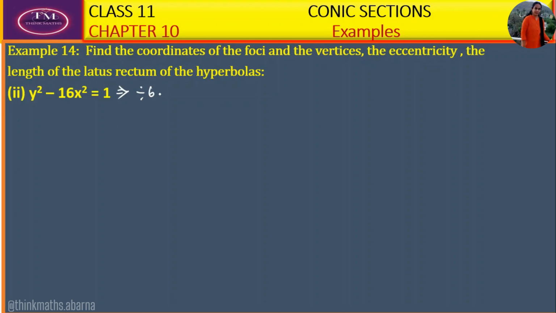So dividing by 16 on both sides, we will get y square by 16 minus x square by 1 equal to 1. Here this is 16, so the question was written wrongly. So this is the equation.